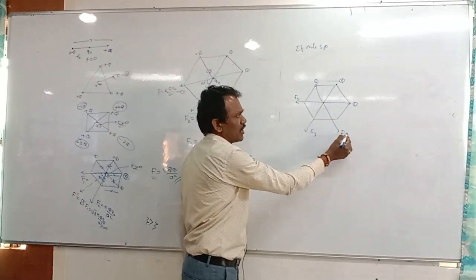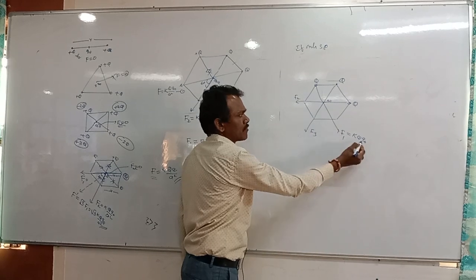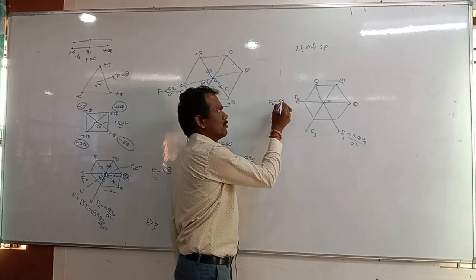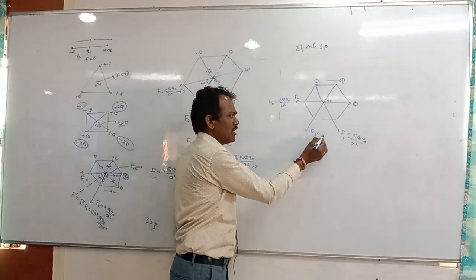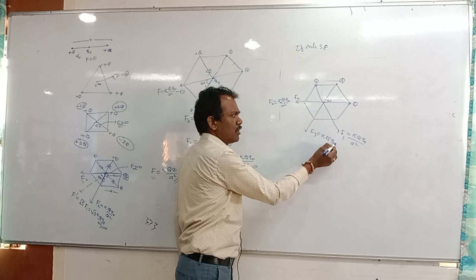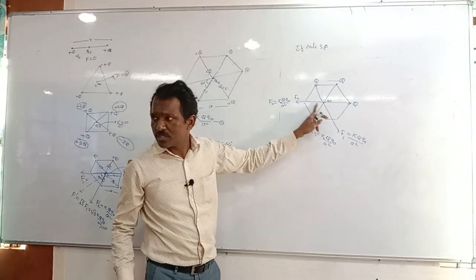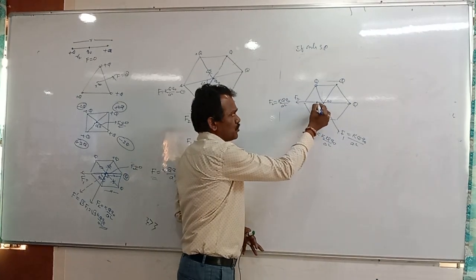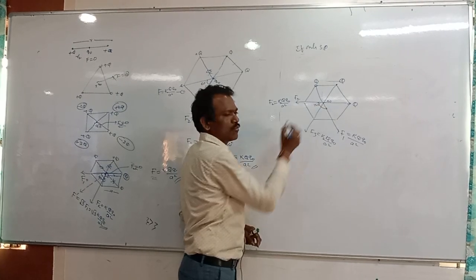Here see, F1 is equal to K into Q naught by A square. F2 is also K into Q naught by A square, and F3 is also the same, K into Q naught by A square. We have to find the resultant of these two forces. What is this angle? 60 plus 60, 120.